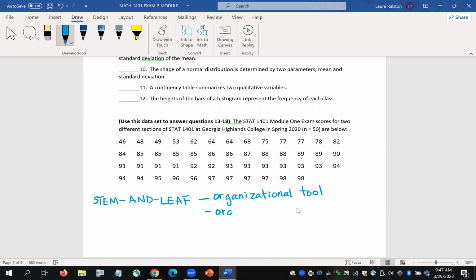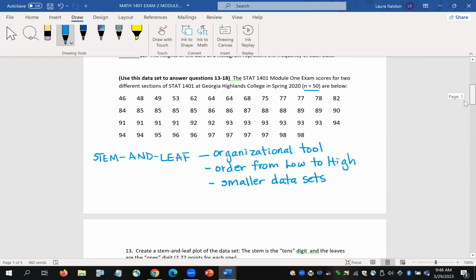It helps us to order the data from typically low to high. It's also good for smaller data sets. This particular data set has 50. It tells me in the initial description that there are 50. When I say smaller, smaller is relative. But if I had 500 data values, I probably would not do a stem and leaf plot.